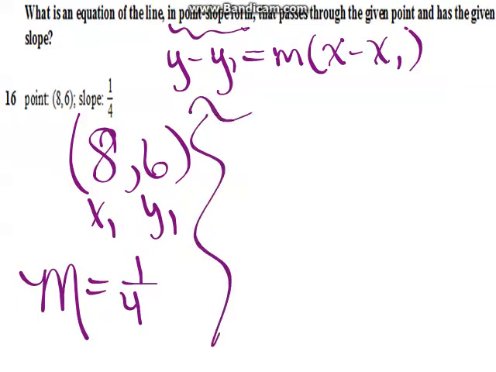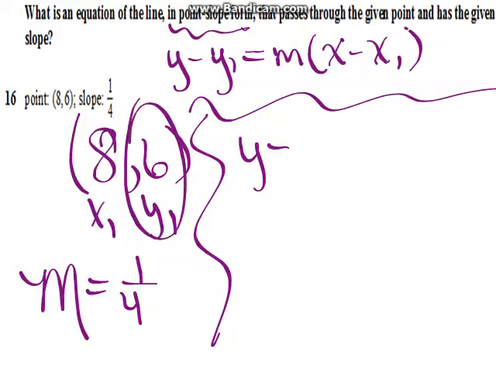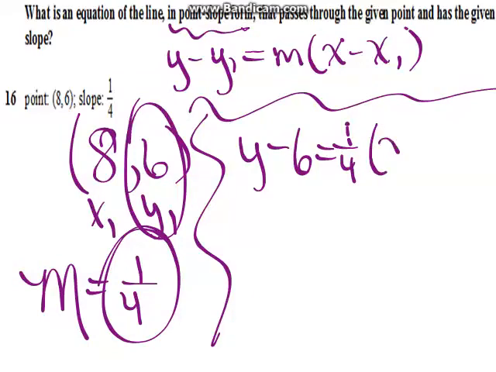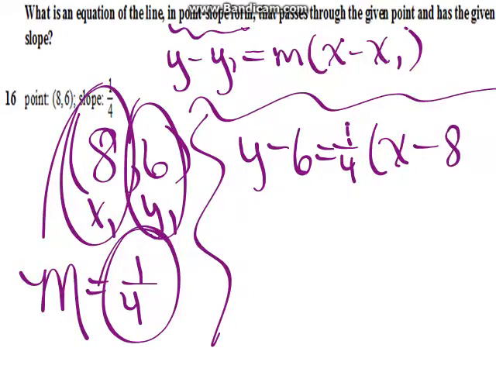Okay? So let's write the equation. So we're going to have y minus y1, which is 6, equals m, which is 1/4, times x minus x sub 1, which is 8.